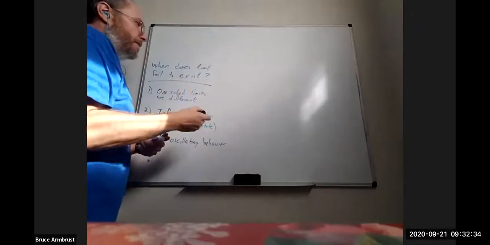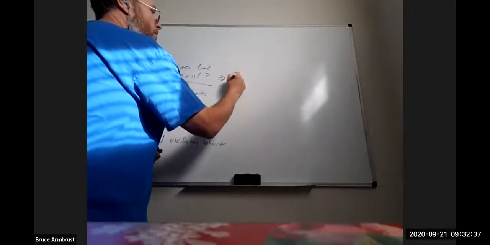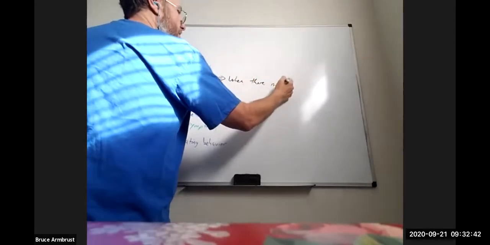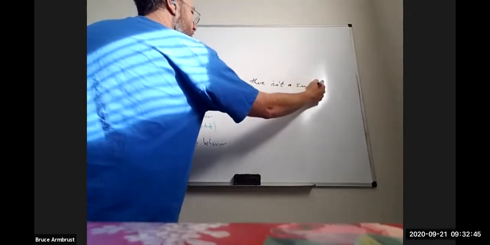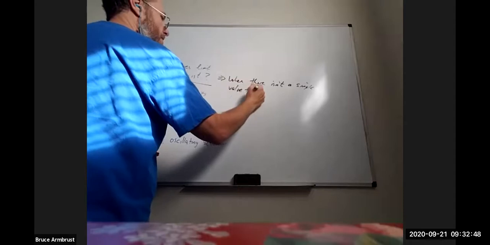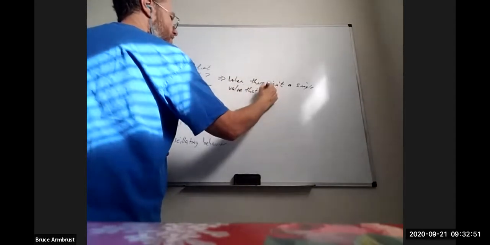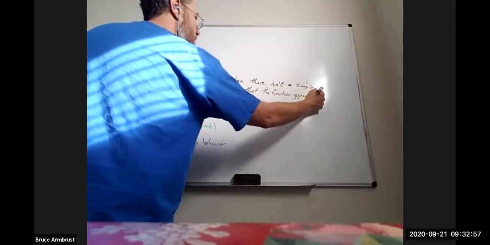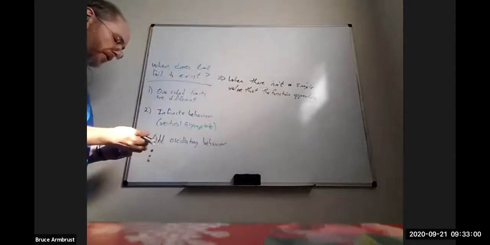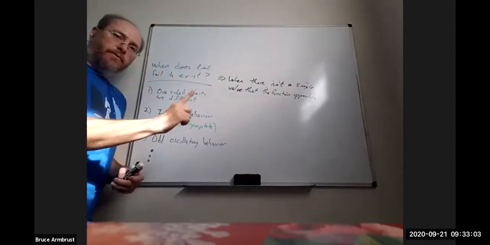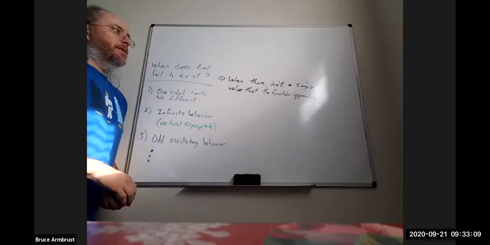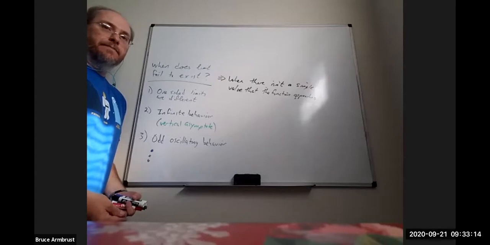You can just say that the limit fails to exist when there isn't a single value that the function approaches. So there has to be one value that your function's actually going towards, and if it's not there, then this limit doesn't exist.